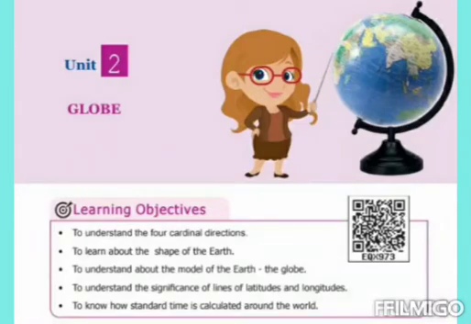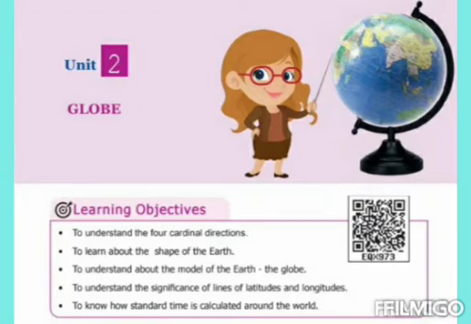The directions on the ground are always shown with respect to the north. If we know the north, then it is easy to find the other directions, namely south, east and west. These are the 4 cardinal directions.